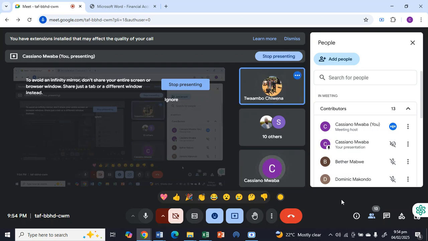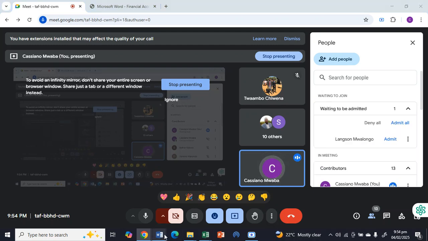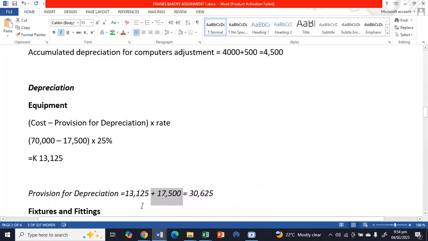Yes. But remember this, here is just a snippet. Every time there's depreciation, this is the journal entry.